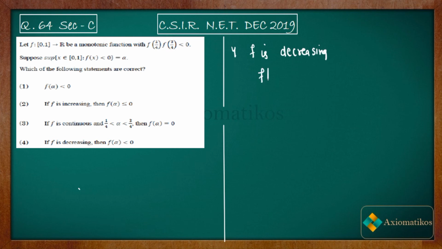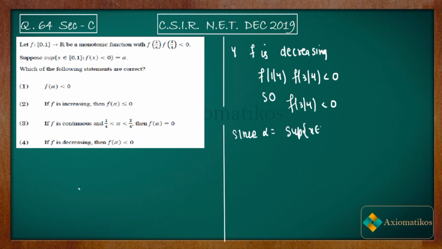In option 4, f is given to be decreasing. As we have been given that f of 1 by 4 times f of 3 by 4 is less than 0, f of 3 by 4 is less than 0 because f is decreasing. Since alpha is the supremum of x belonging to [0, 1] with f of x less than 0 and f is decreasing, it will be equal to 1.